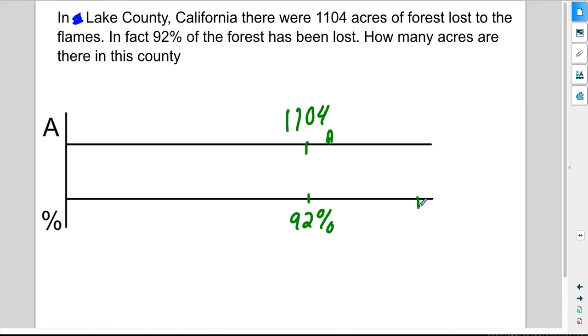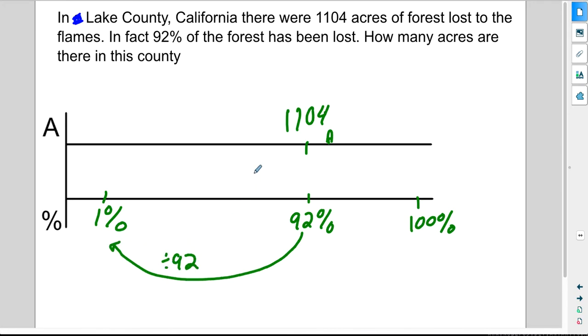And again, I'm going to have to look for that 100% here. So what I'm going to do is find a common factor between 92 and 100%. And just like last time, I know that 1% is a factor of any number, so I'm going to go from 92 to 1% by dividing by 92.